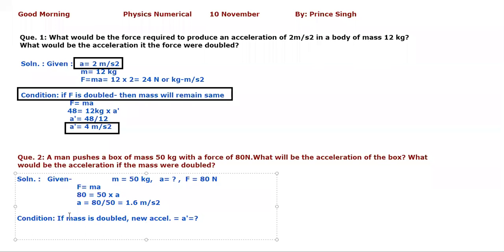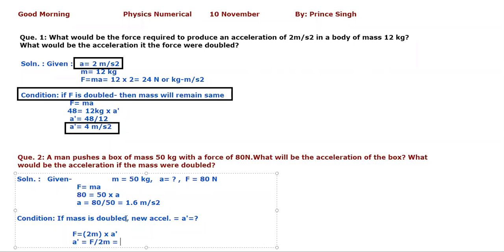So again we will use the same formula, F equals ma. This time instead of A we will write A dash, and instead of mass we will write 2m. So the new formula will be F equals 2m into A dash. So by this we can calculate A dash equals F divided by 2m.